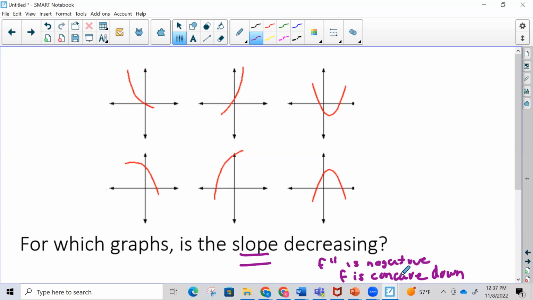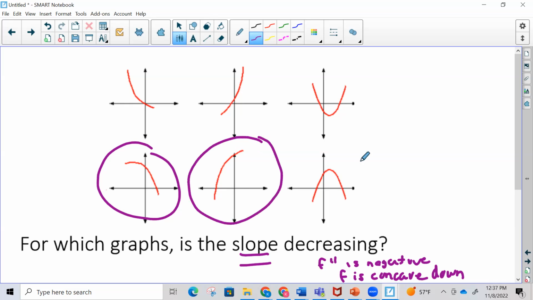So we're looking for graphs that are concave down. This one is concave down. That's concave up, concave up, concave up. This is concave down, and this is concave down. Okay. You can draw the little tangent lines for the slope. Seeing this slope is getting more and more negative, so it's decreasing.